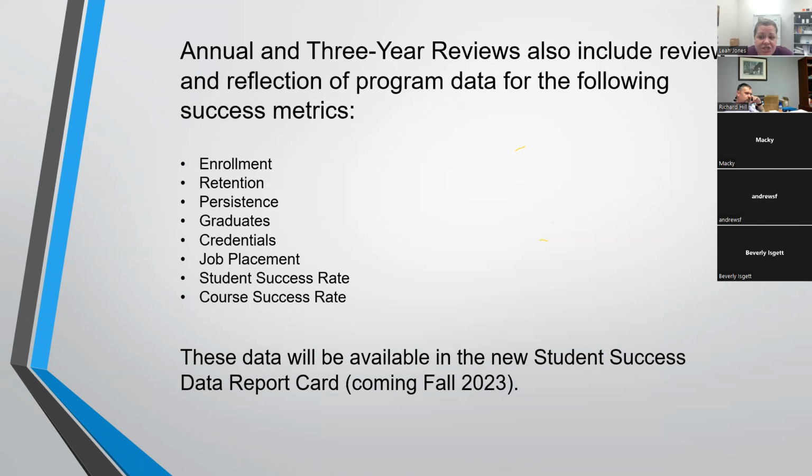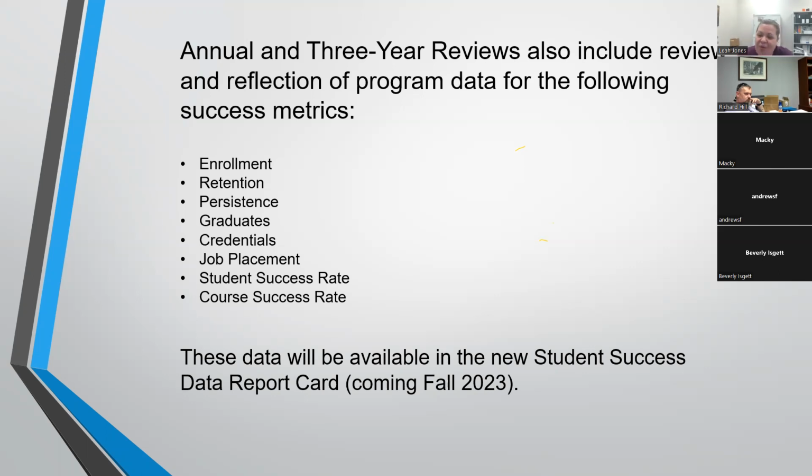Okay, so in addition to those questions, you'll remember that we put in the data for you, your program level metric data for enrollment, retention, persistence, the number of graduates, the number of credentials, and job placement. And then there were also spots for student success rate and course success rate that weren't filled in, but we had planned to.